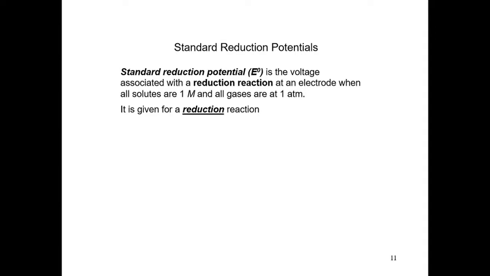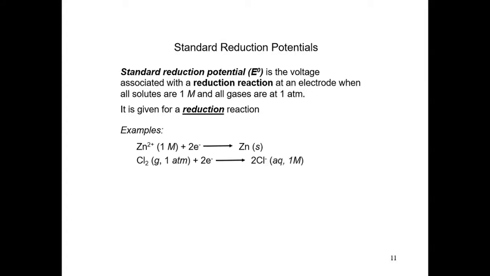So for example, although in the previous cell we had zinc metal being oxidized to zinc ions, if we want to find the standard reduction potential, we will do it for the reverse of that. In other words, the reduction of zinc ions to give zinc metal. Notice that if we do it for something like chlorine gas, we have to indicate the physical state and the pressure.